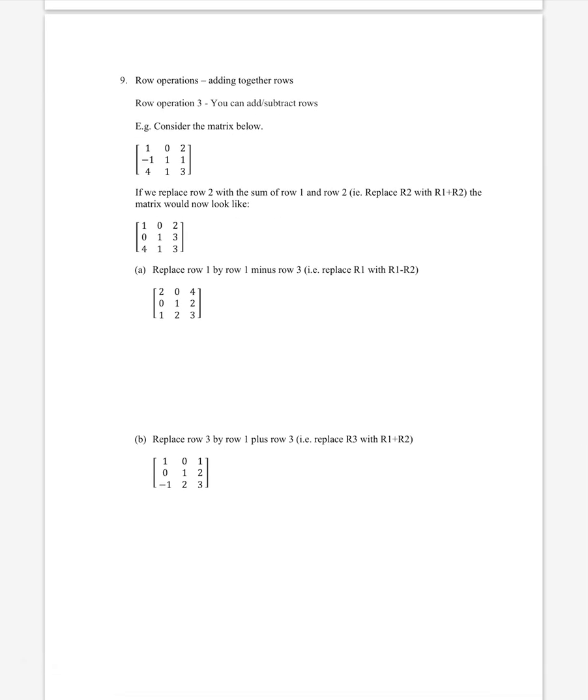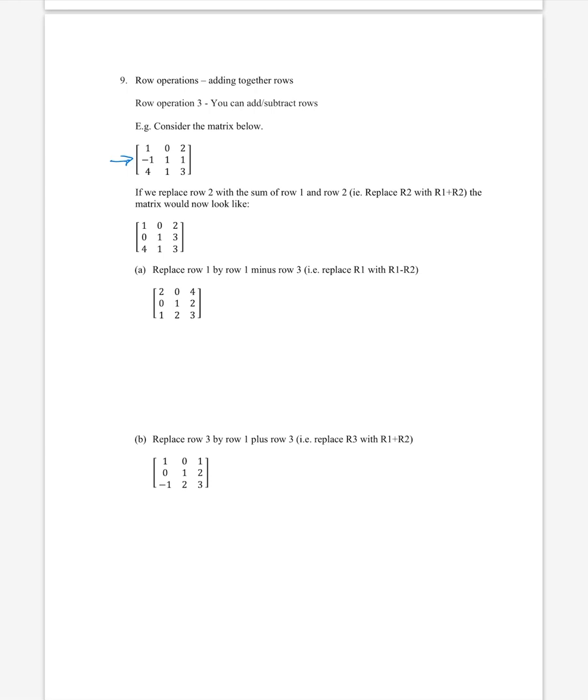On to 9. Okay, our last type of row operation is that you can add or subtract a multiple of another row. So if we look at this matrix here, if we replace row 2 with the sum of row 1 and row 2, the matrix would look like this. So in other words, we can replace a row, row 2, with the sum of 2 other rows.